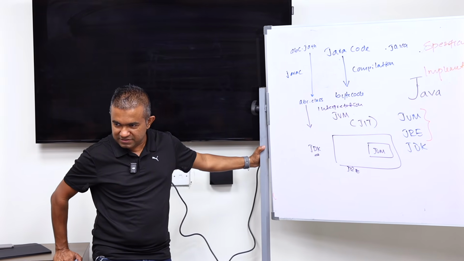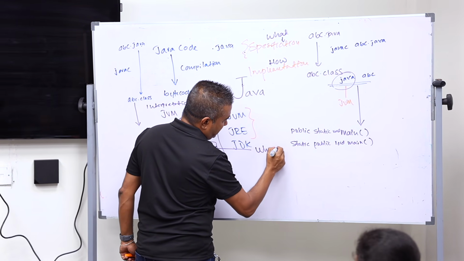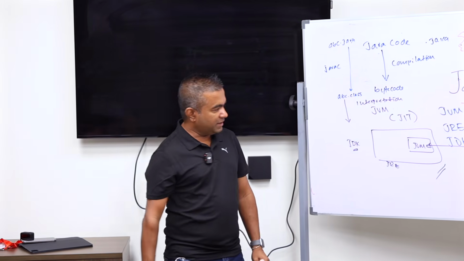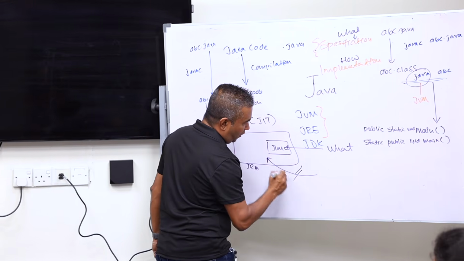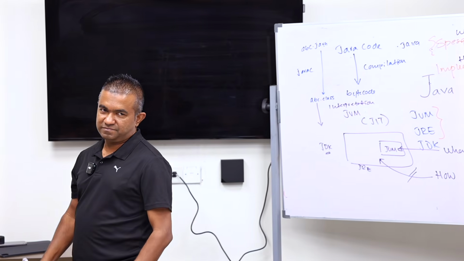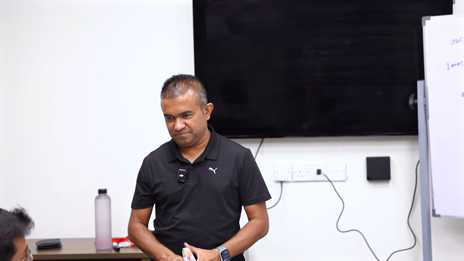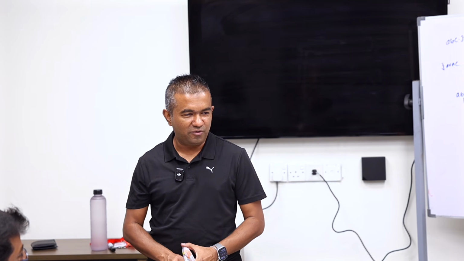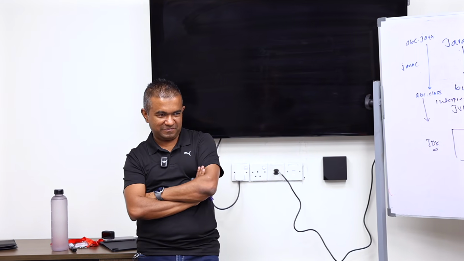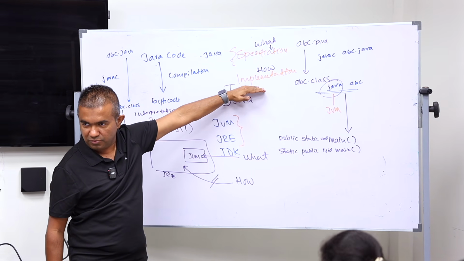JRE provides the JVM. JVM tells you what needs to be done. JRE gives you how we do it on a particular operating system. Specification tells what needs to be done and the implementation tells how we do it.